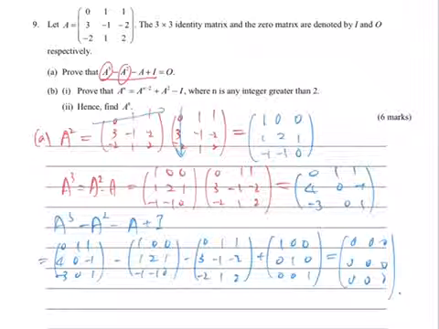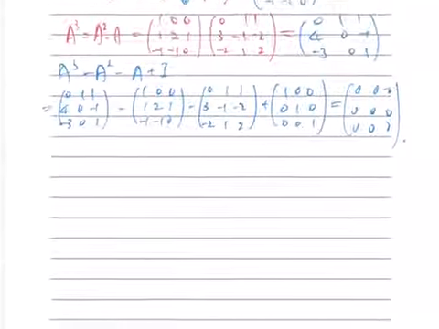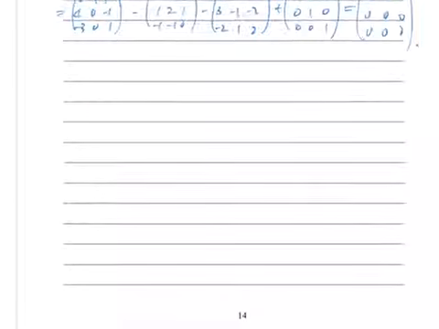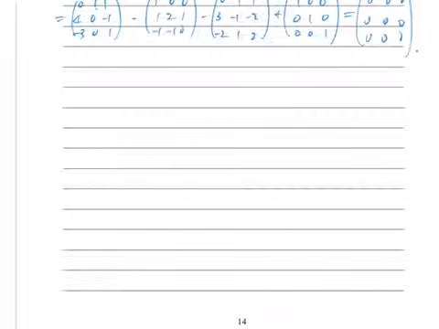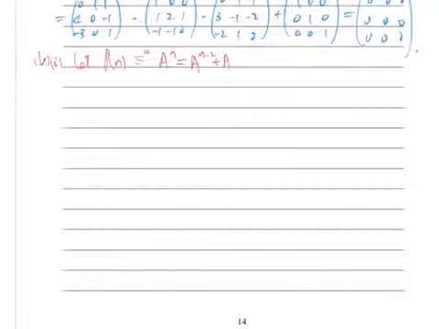Now for part B, there are different ways to do it. The first method is to prove it by mathematical induction. So B1, we let Pn be the statement: A to the power n is equal to A to the power n minus 2 plus A squared minus I, for n greater than or equal to 3.